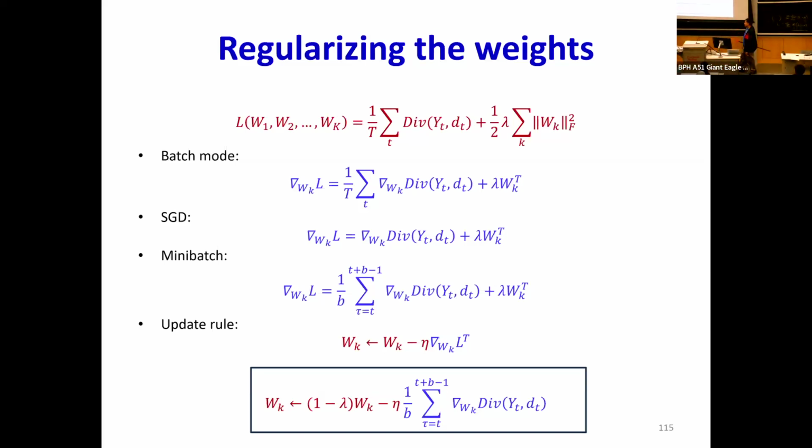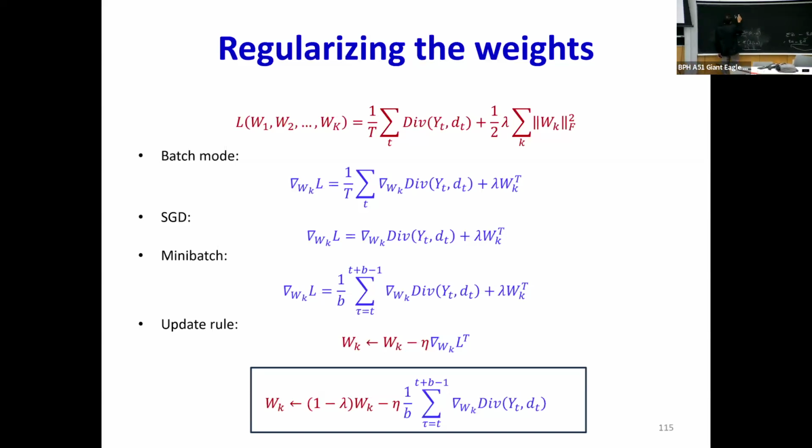And so when I adjust my weights, the derivative of the modified loss is the traditional derivative computed using backprop plus lambda times the weight parameter itself. So if I take this step, W equals W minus eta times this guy.